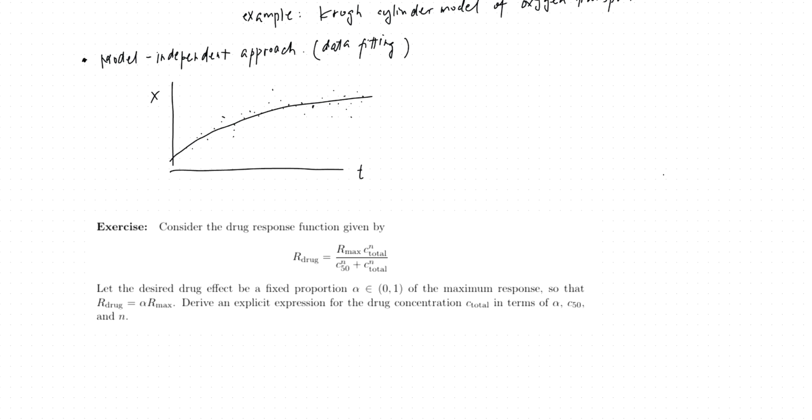Use this alpha to derive an explicit expression for the drug concentration in terms of alpha, C50, and n. It's just a rearranged equation, just solving an algebraic equation. This exercise is meant to give you some hands-on experience and some feeling of manipulating equations. That type of experience will help you develop intuitions and the understanding you may need in the future.